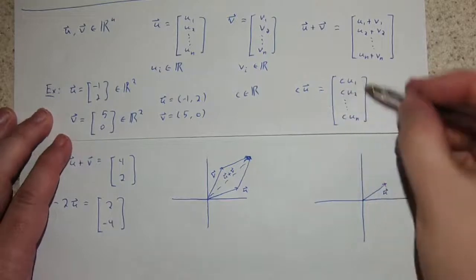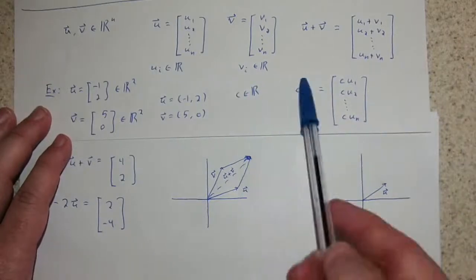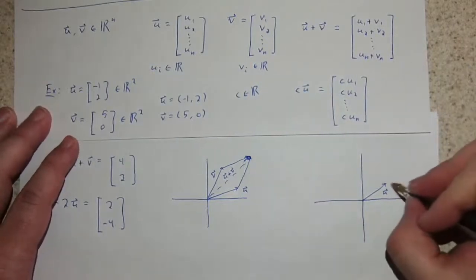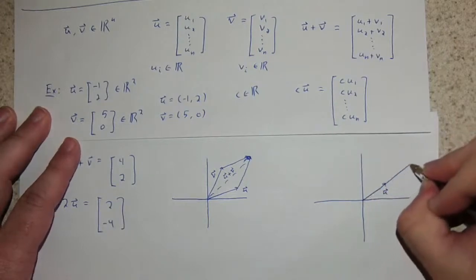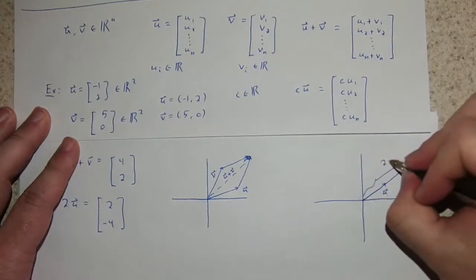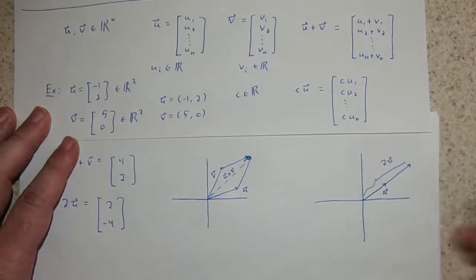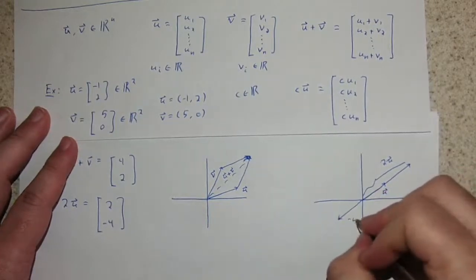Cu takes u and scales it by a factor of the absolute value of c, since we said that c is a real number, so it could be negative, it could be 0 even. In that sense, if I take u and I scale it by 2, what I get is this thing. Minus u would be the vector pointing in the opposite direction here.